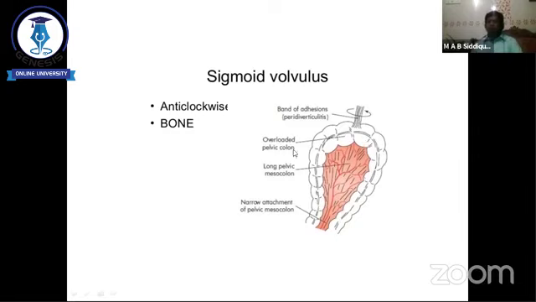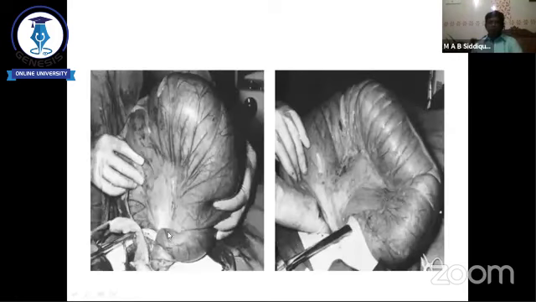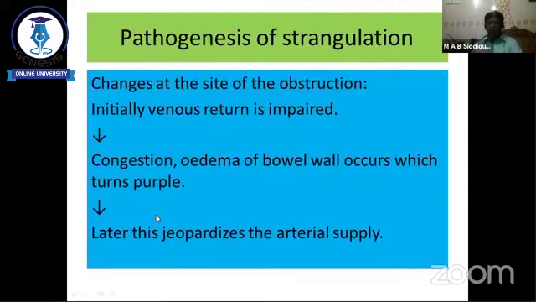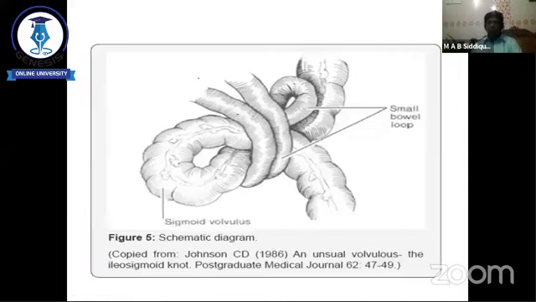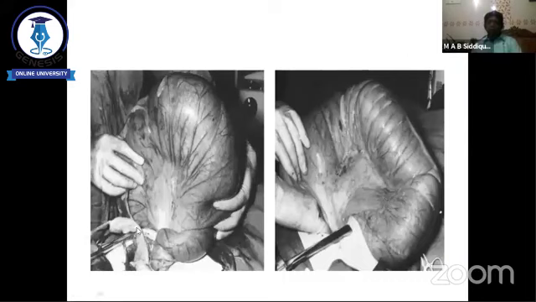If it is prone to twisting, what happens? If you look at this picture, this is the twisted sigmoid colon. If there is twisting, then initially the venous return is impaired, and after that there is edema and congestion, and for that reason the blood supply of the artery is also impaired, and the patient may present with features of intestinal obstruction.